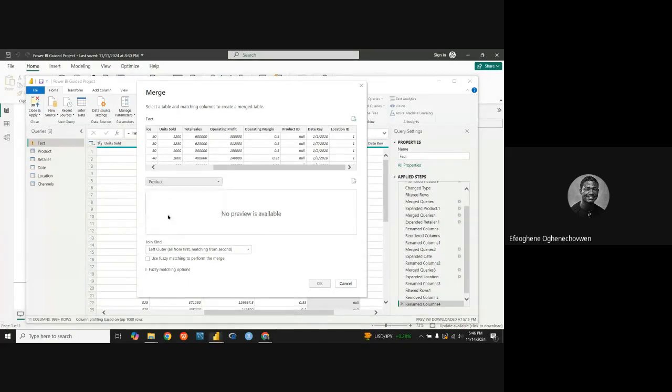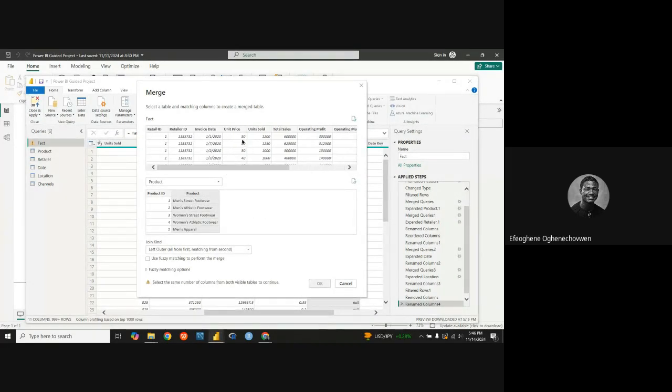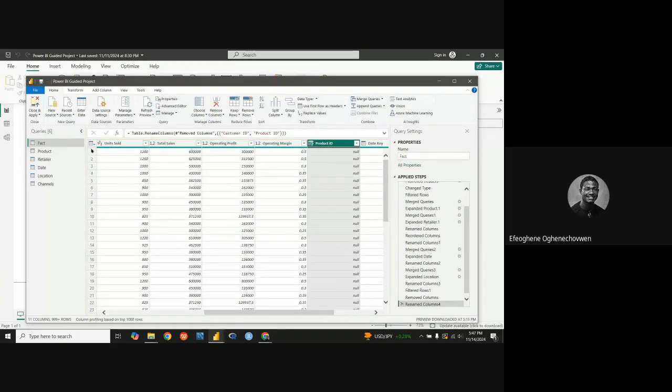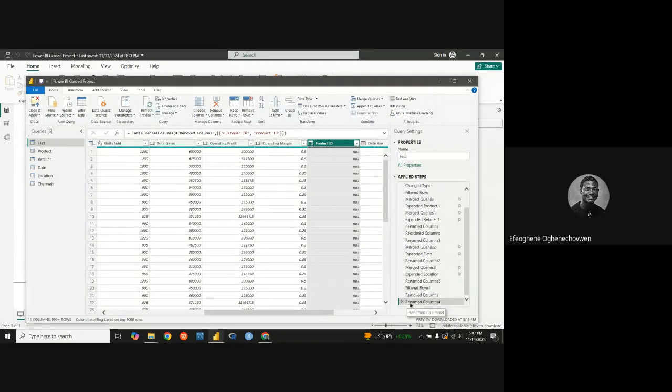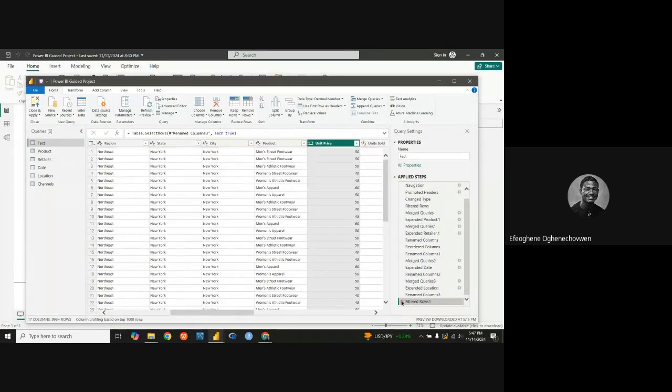So I come to my product table, merge this with, so I can't do that again because I've removed the product name. All right, so I'm going to cancel this. I don't have any text data type here, so I'll cancel this. I'm going to applied steps. I think we can undo what we just did. Okay, we can see now our product is back again.